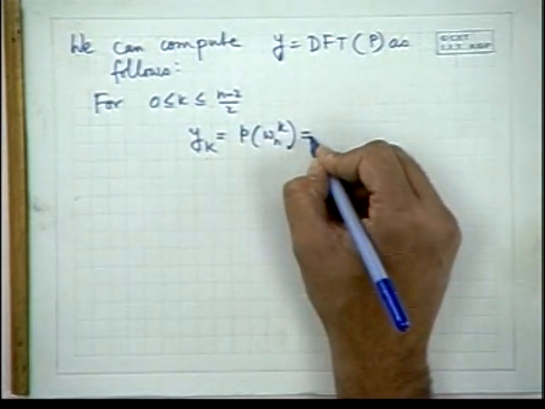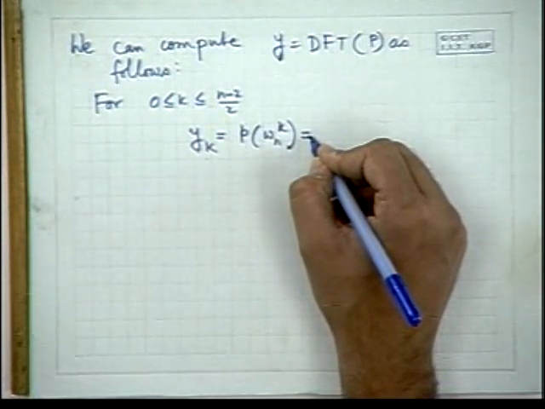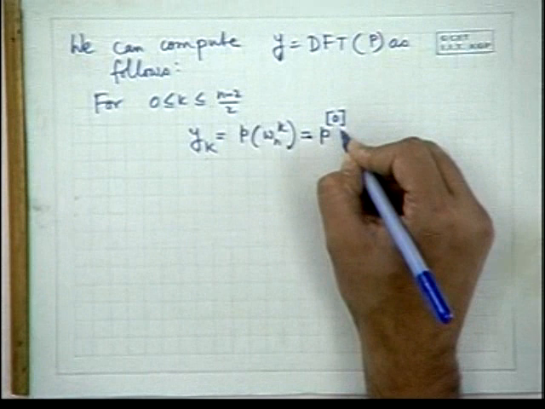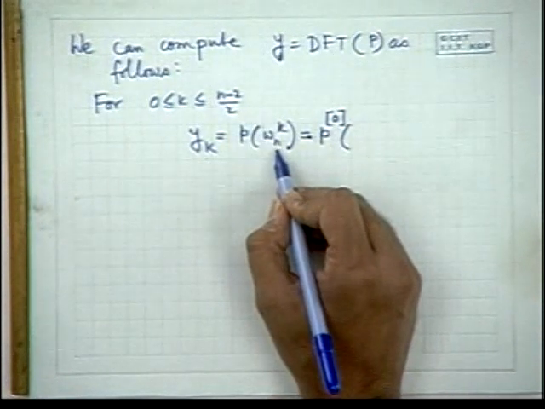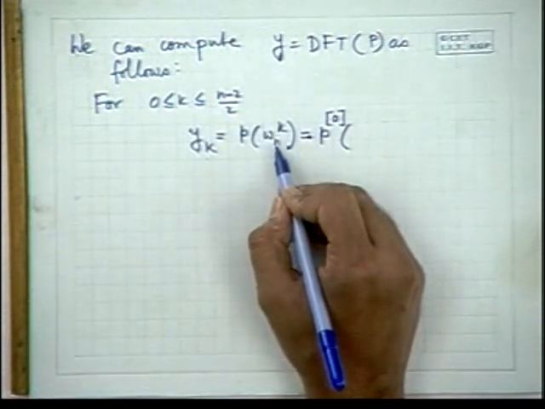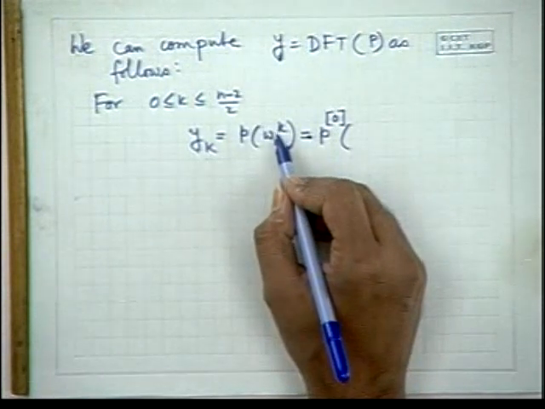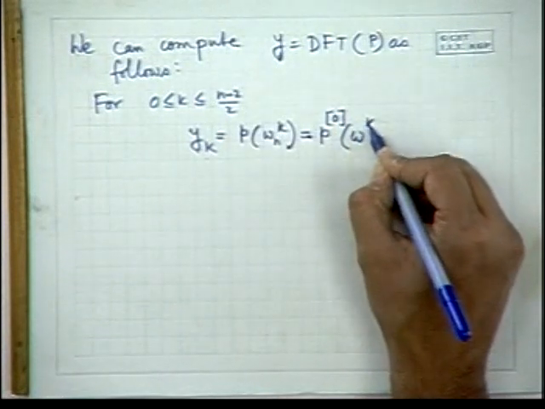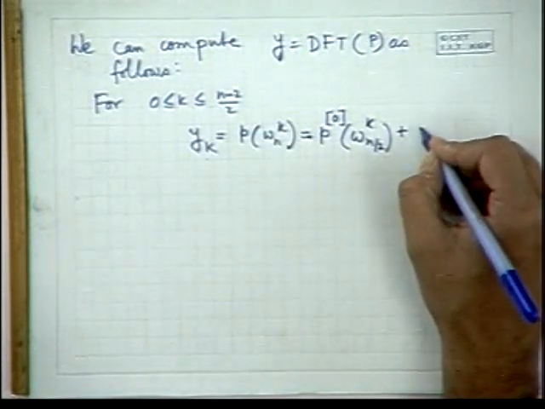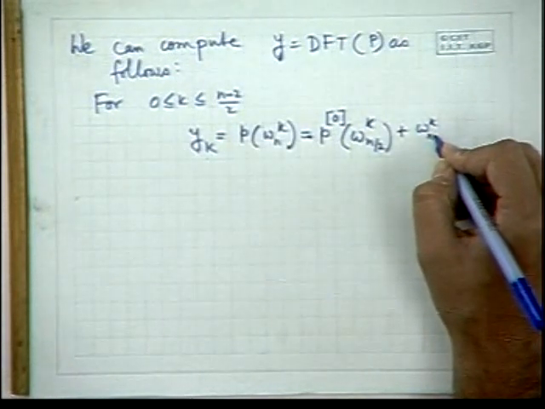Now I am going to put in the formula for how P(x) is constructed out of P0 and P1, just straightforward substitution. If you substitute, you will see this is nothing but P0, you remember it was x squared, so this will be w_n^k squared, and w_n^k squared is nothing but w_n^2k, and by formula this is nothing but w^k of n over 2. So I can write this as w^k of n over 2, plus x times, that is w_n^k, x times it was P1 of x squared.